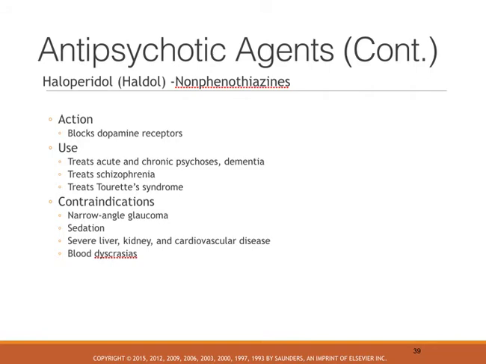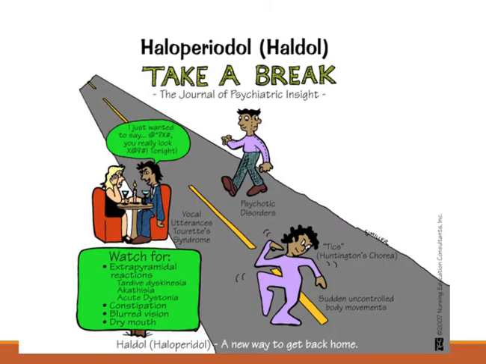It treats not just schizophrenia, but it also treats acute and chronic psychosis, and it can help with dementia. Some reasons not to give it: narrow angle glaucoma, if your patient is already sedated, or if they have severe liver, kidney, or cardiovascular disease. So I've got a picture for Haldol with some key stuff for you to know.